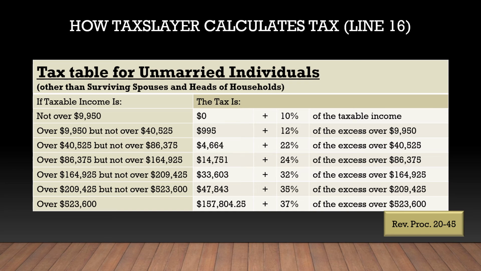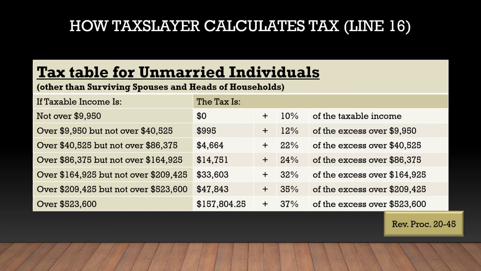It's important to note that each filing status has its own tax table. So this tax table is for unmarried individuals who are not surviving spouses and not head of households. So these are taxpayers who are filing under the filing status of single. And you'll notice on the left is "if taxable income is," and we have some income ranges, and these are our tax brackets.